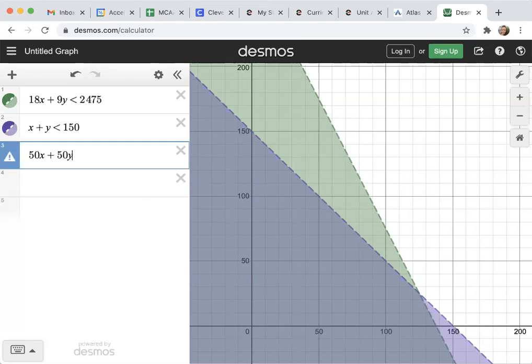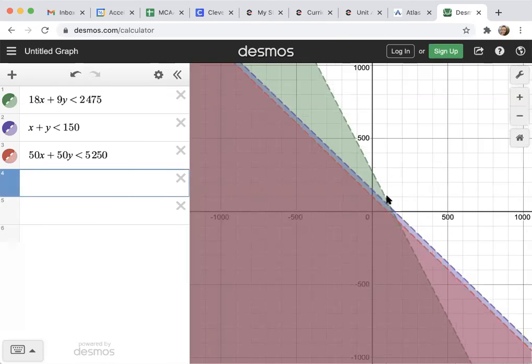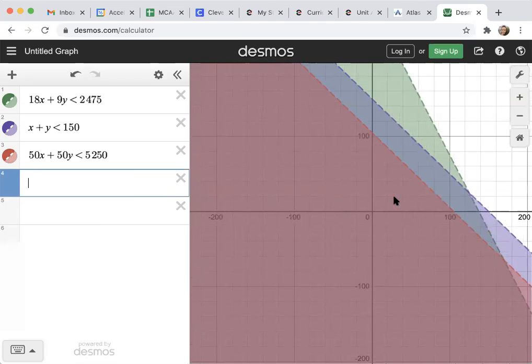So 50x plus 50y is less than or equal to 5,250. It almost looks parallel to the other line, doesn't it?